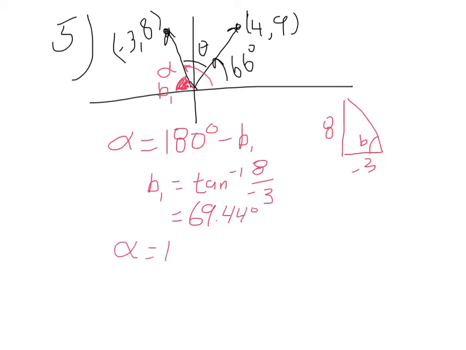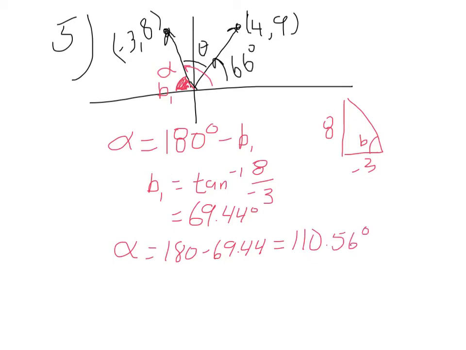Therefore, alpha is going to be 180 minus 69.44, which gives us about 110.56 degrees.